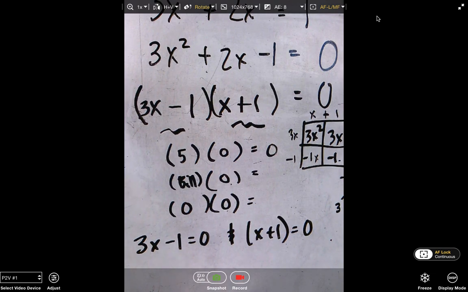Which allows us to algebraically manipulate this and solve our equation. So we would get 3x equals 1, and x equals -1, and then x equals a third, and x still is just -1. So these are our two values.